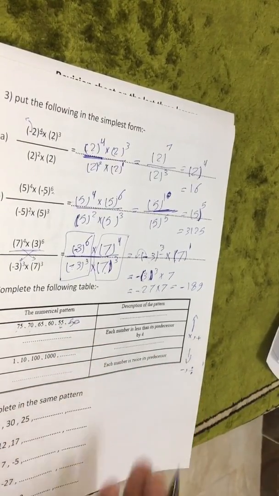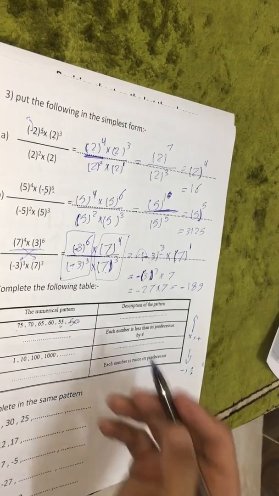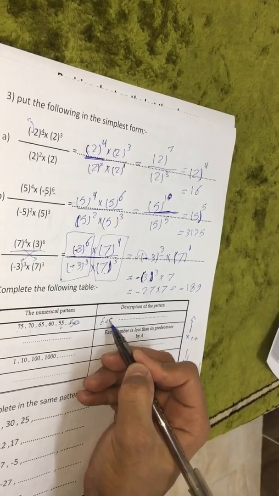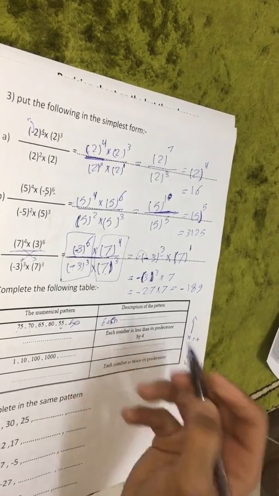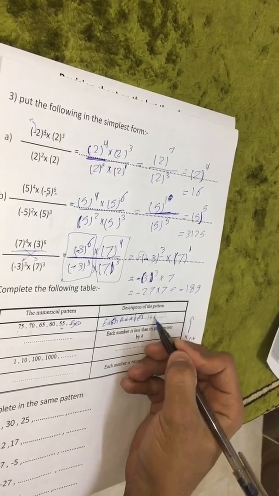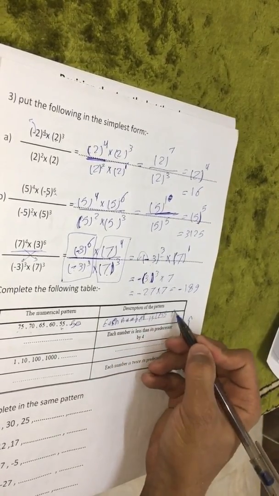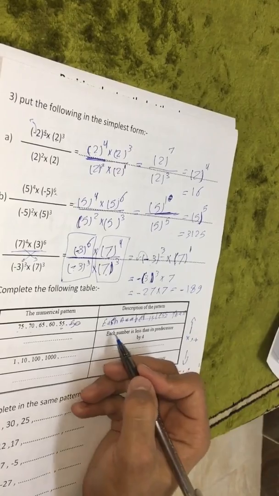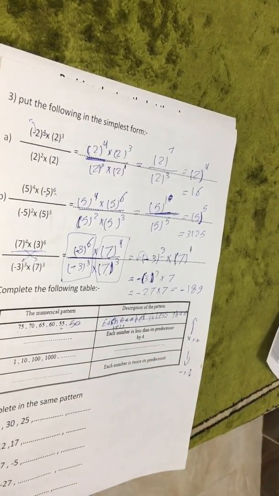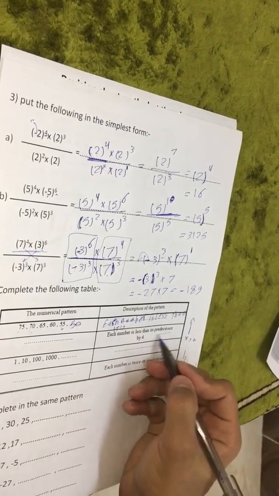So can you describe the pattern? Yes, each number is less than its predecessor by, what is the meaning of predecessor?